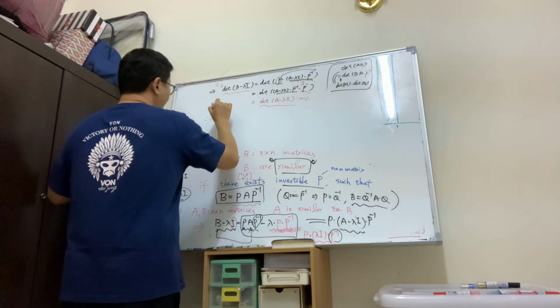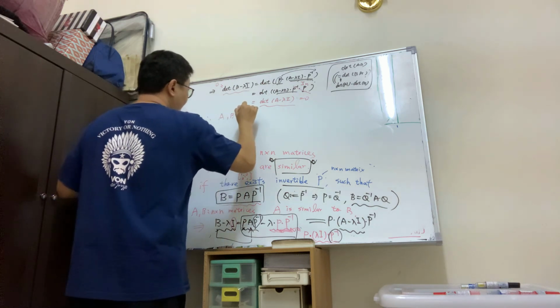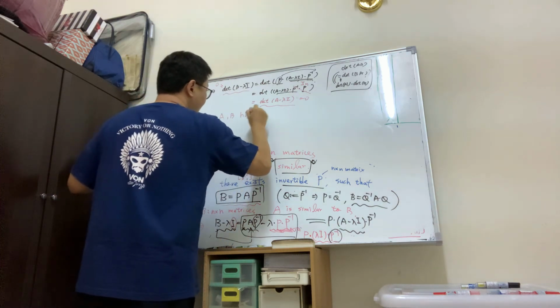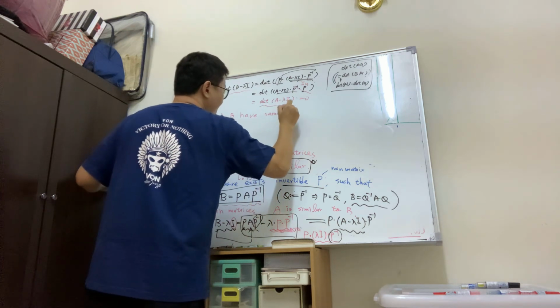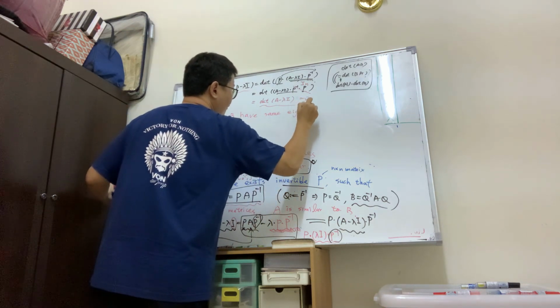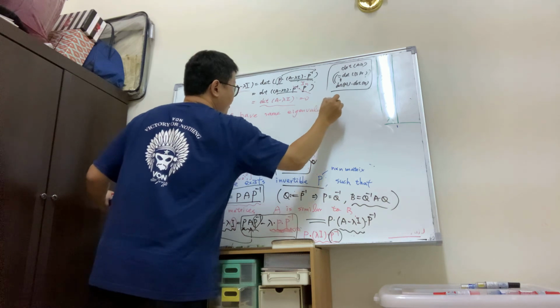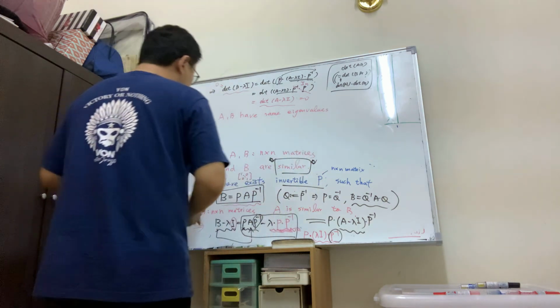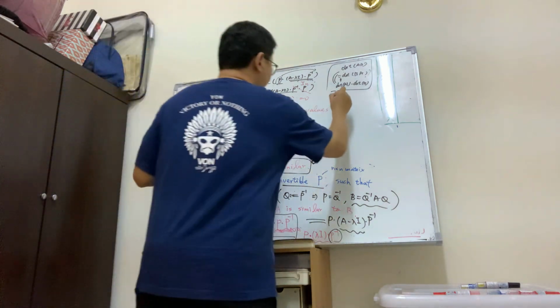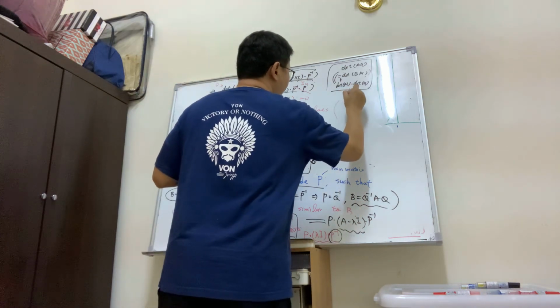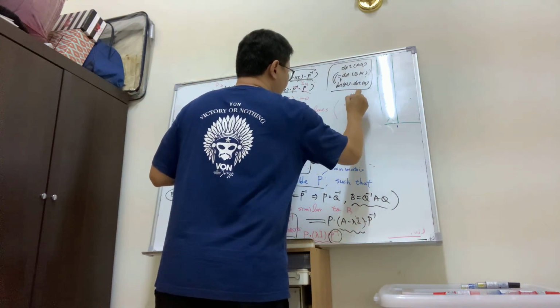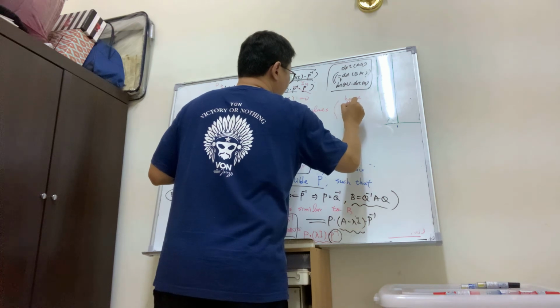So we can get that A and B have the same eigenvalues. The two matrices A and B have the same eigenvalues. Actually, they have the same characteristic polynomial.